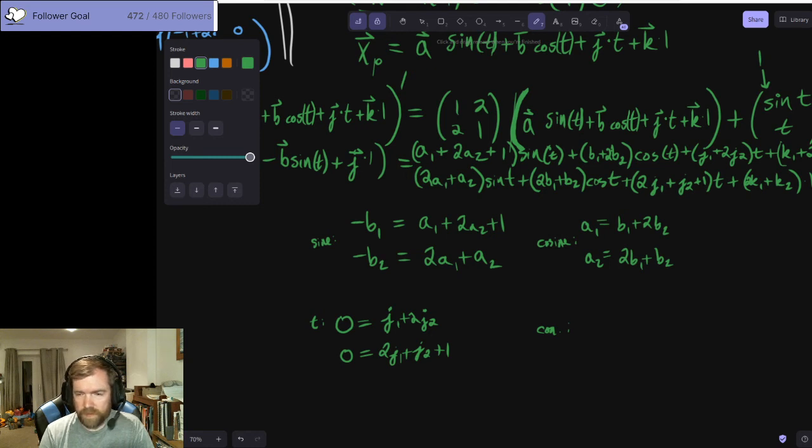Nope, we have J1 and J2 on the left, which are then going to be equal to top one constant is K1 plus 2K2, and bottom is going to be 2K1 plus K2.